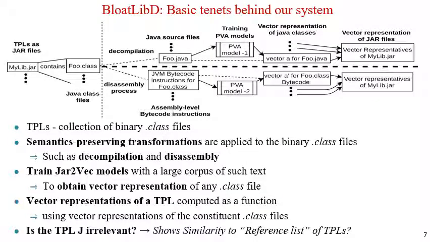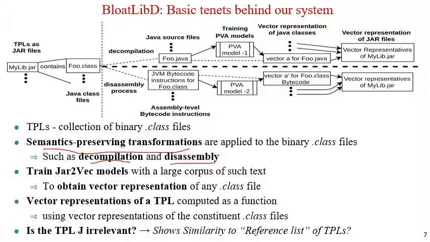Now, BloatLibD, one of the major novelties of this work is that we use features which are not affected by such obfuscations. So basically, we perform semantic preserving transformations in order to obtain a normalized form of source code. We perform decompilation and disassembly operations in order to fetch source code and bytecode.